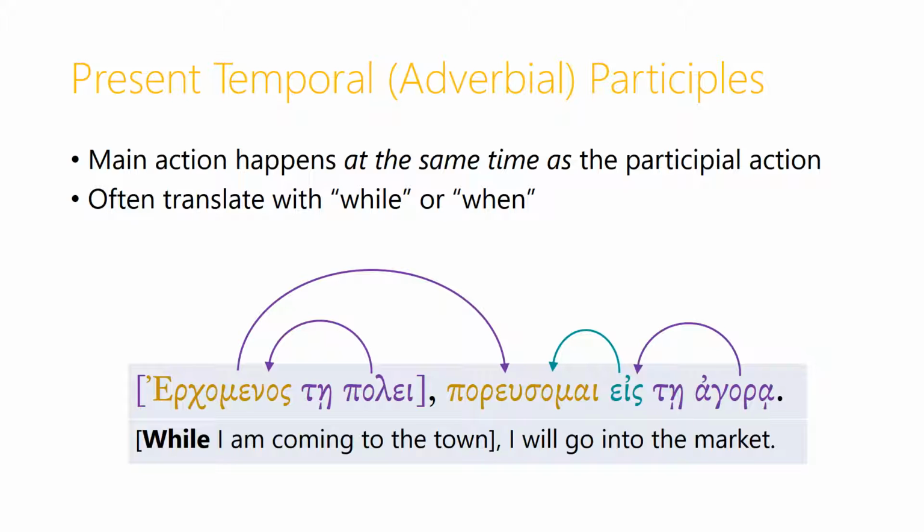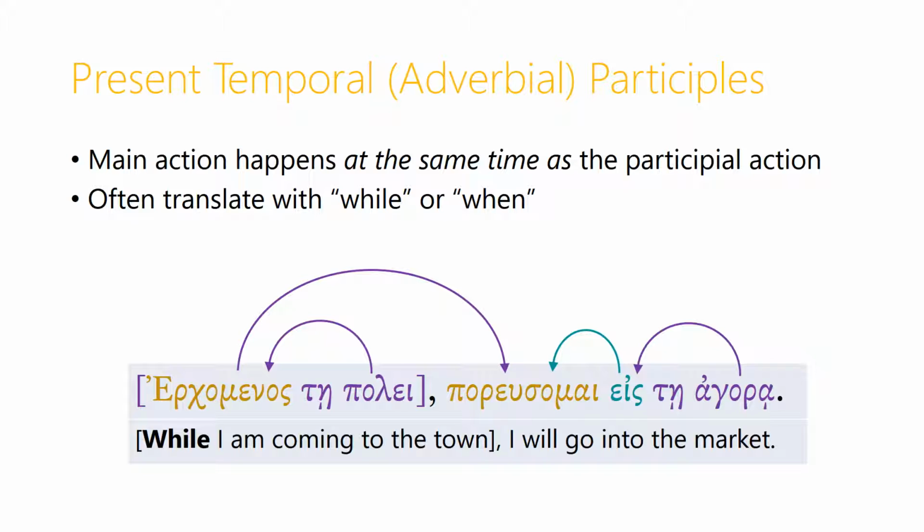So in these cases, we often use the helper words while or when to translate the participle. If I want to translate erchomenos te pole parusomai es te agora, I might translate this, while I am coming to the town, I will go into the market.